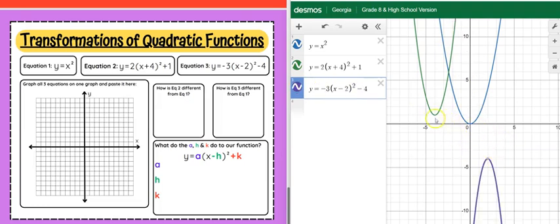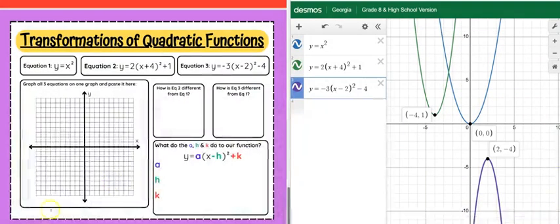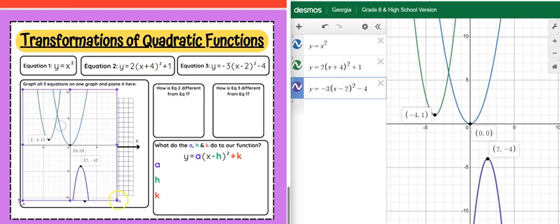So we've got 3 different graphs on here. I'm going to click on the vertex for each one of these so that you can see those points on the graph. All right, so I've put those on here.